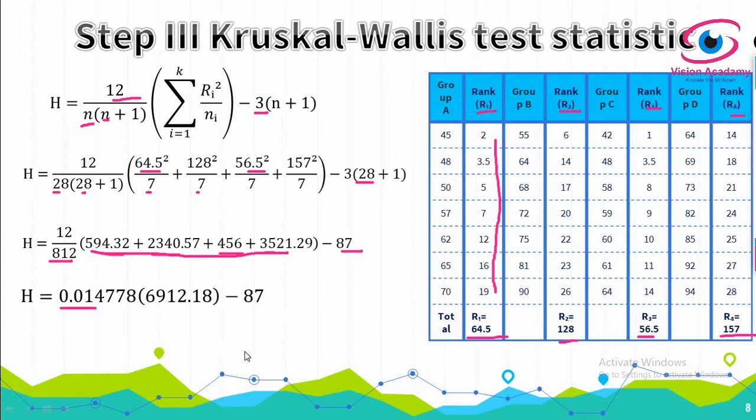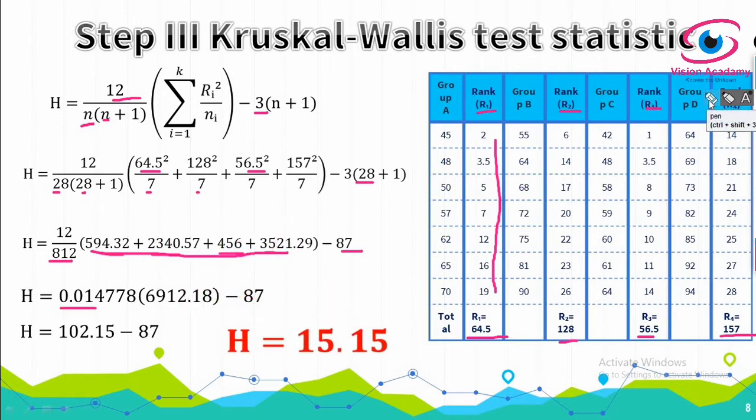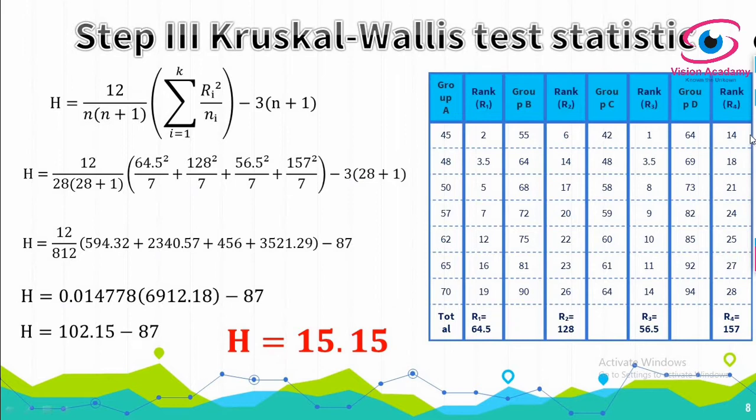In the next step I will multiply 0.014778 into 6912.18, which gives 102.15, and I will subtract that 87 in the next step. So finally, the Kruskal Wallis test statistic H is 15.15. This is the result we obtained by replacing into the Kruskal Wallis test formula.